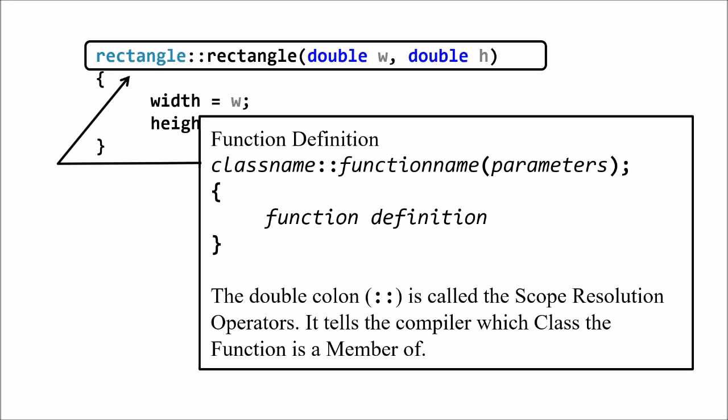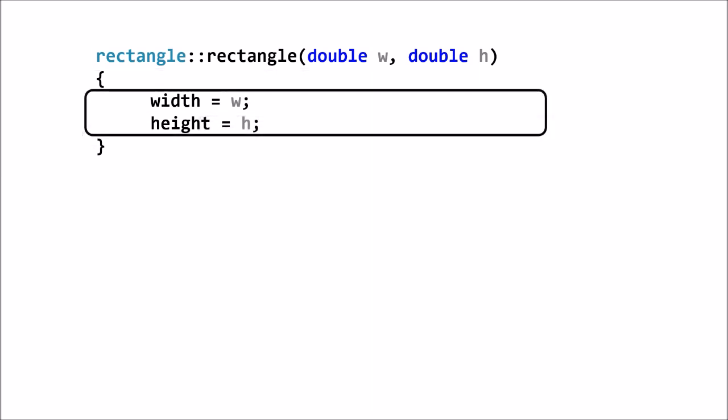This function takes two parameters. It takes a type double number that is assigned to the local variable w, and it takes a type double number that is assigned to the local variable h. And inside the definition of the function, the operations performed by this function are described in these two lines of code inside the curly braces.